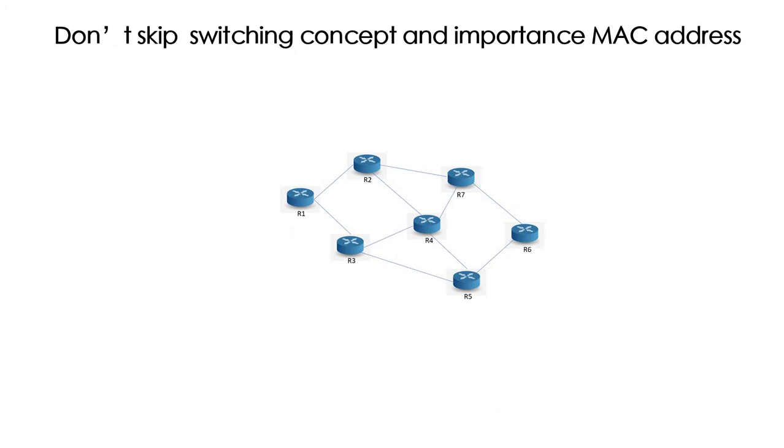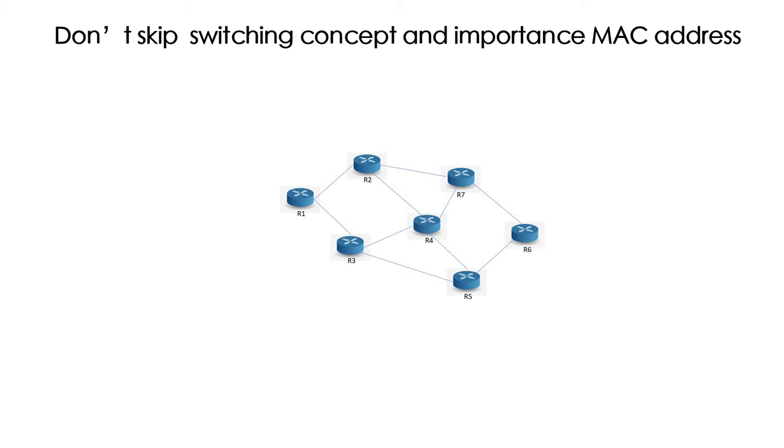So we discussed a lot about our routing, but obviously just don't skip the concept of switching, right? Why I just included this one, because most of the teachers don't teach it: when they teach you MAC addresses and all things, they do not incorporate them with the IP addressing.